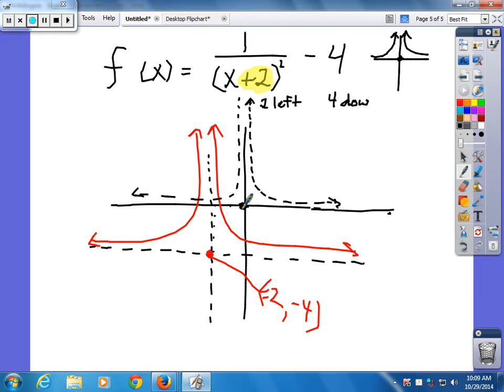And what we do is we move it 2 places to the left and 4 places down. Because of these 2.